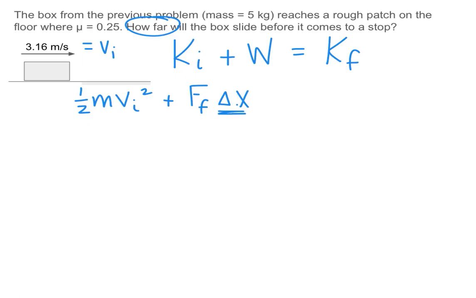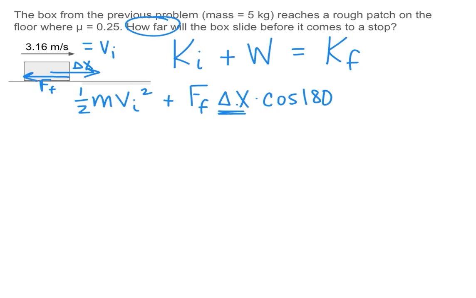And then watch carefully here. Our angle is actually 180 degrees. Okay, because the object is moving to the right, that's our delta x direction, but the force of friction is pointing to the left. So there's 180 degrees between those. What that's going to do is introduce a -1 to our setup so that the work is negative.